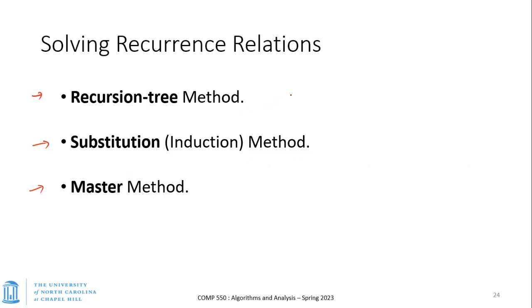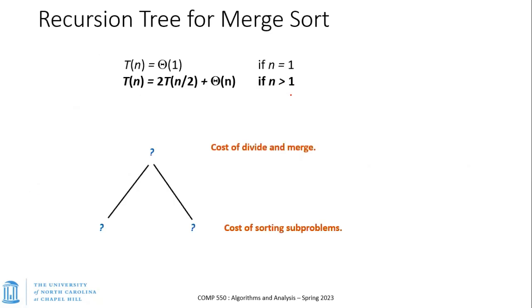So this is the recursion tree, and it is fairly obvious if you look at it. If you look at this recurrence relation, for some value of n, we know how much time it's going to take to do part of it, which is the cost of divide and merge. Dividing and merging is going to take a certain amount of time, and then the problem is divided up into two smaller problems, and each one of those is going to take a certain amount of time.